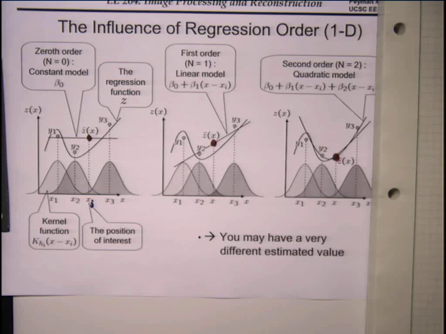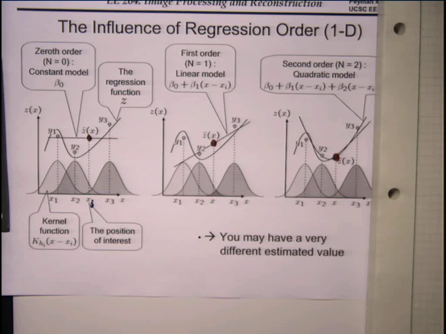However, when there's noise, you're going to be oscillating a lot. On the other hand, if you keep yourself to a very, very low order regression, like even 0th order, then you're naturally going to get something that's a very smooth looking curve. So its variance is low, but the curve may not be very close to the true curve that you started off with, so its bias is high. Okay? So just like any other estimator that is going to estimate the shape of this curve, this non-parametric method also has a bias variance trade-off. In this case, you can think of it as the order of the regression determining the bias.